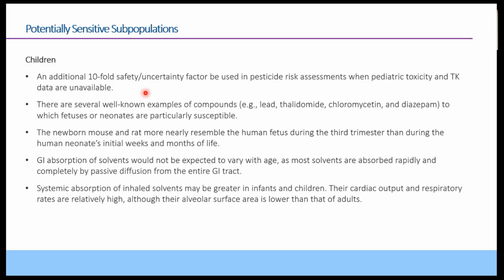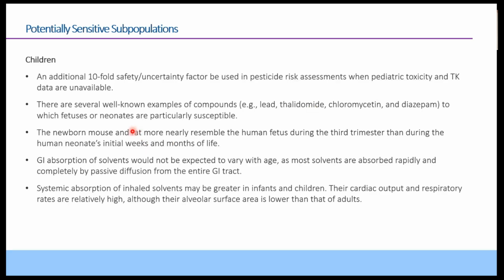So what is mentioned here is that for pesticide risk assessment, an additional 10-fold safety factor has to be used for children. Then there are several well-known examples of compounds like lead, thalidomide, chloromycetin, and diazepam, to which fetuses or neonates are particularly susceptible, and we know all these examples, including thalidomide.